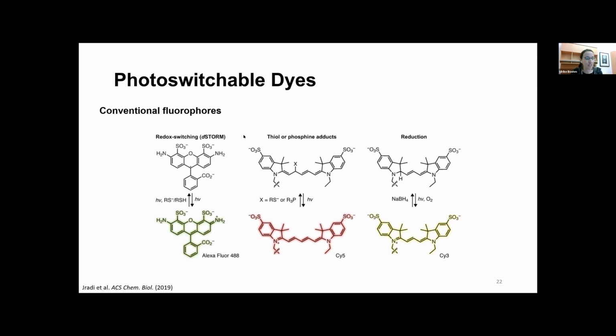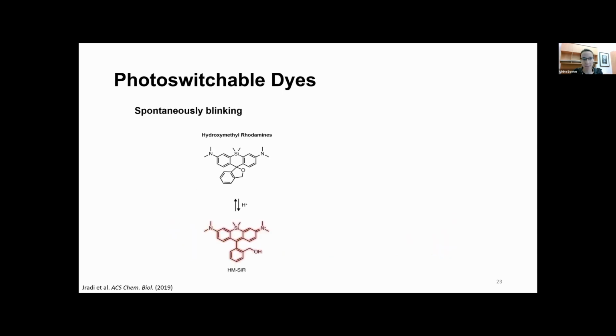The only disadvantage with these dyes is that they need to be embedded in special buffers, usually thiol-containing buffers, which is completely unsuitable for live cell imaging. But they are bright, and at the moment at least they are the workhorse for single molecule localization microscopy experiments.